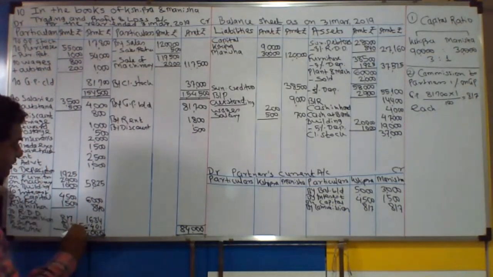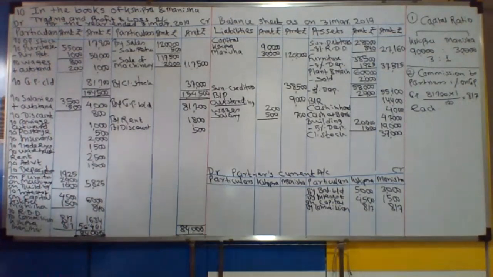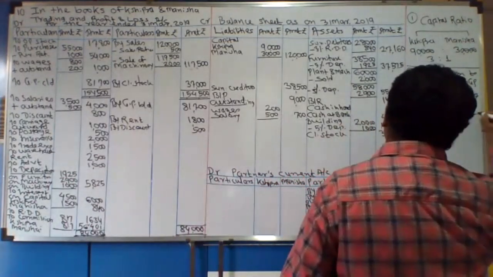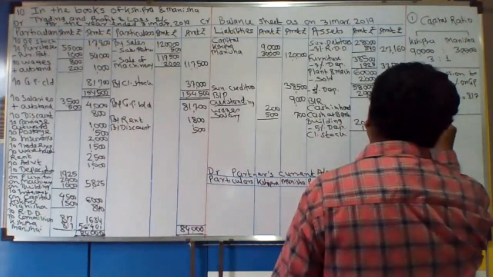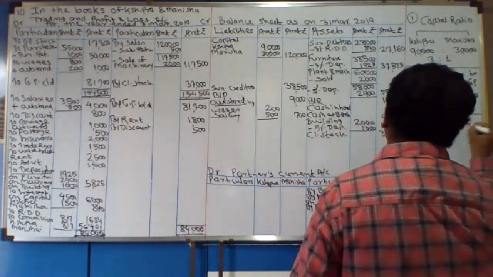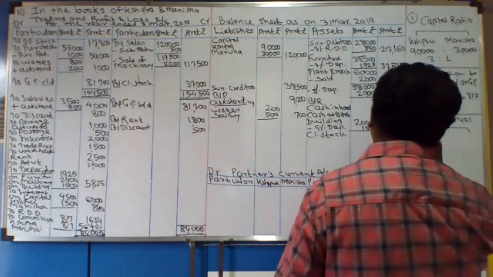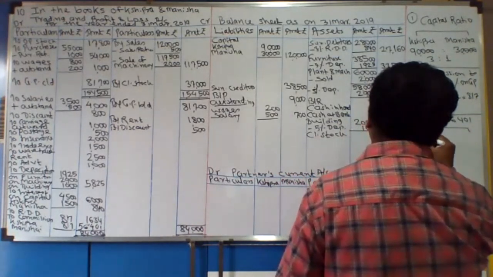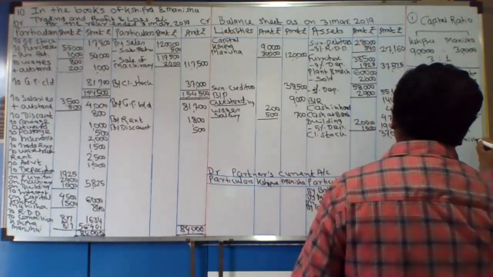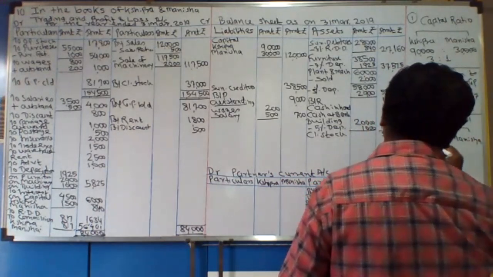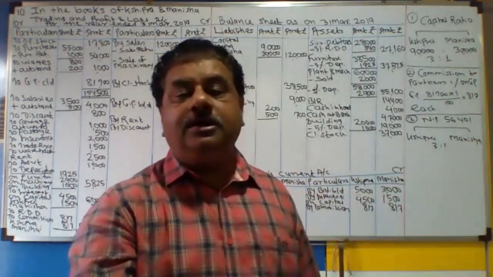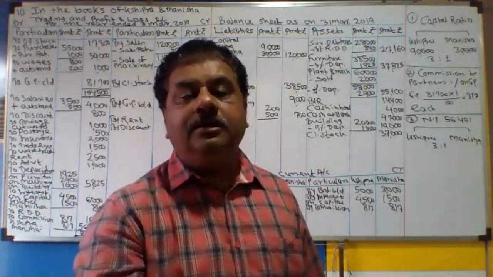It is 56,401. That is the amount of a net profit. NP is 56,401, which is to be distributed between Kshipra and Manisha in the ratio 3:1, which is the capital ratio, calculated in the working note number 1. Okay.